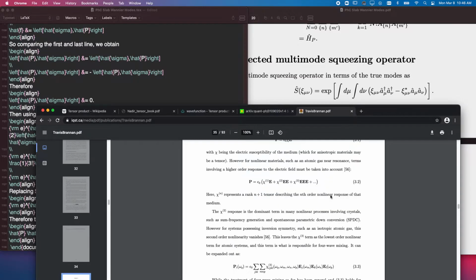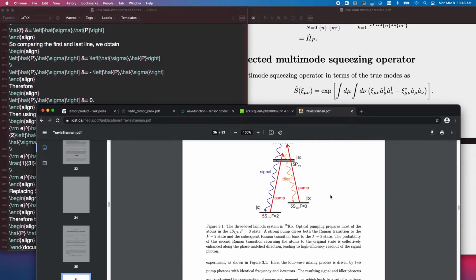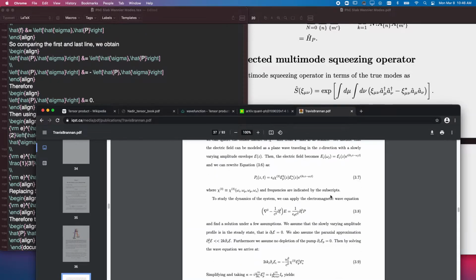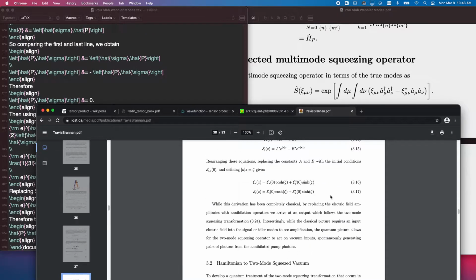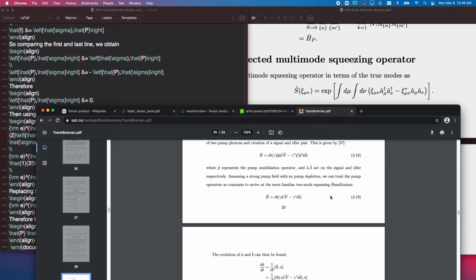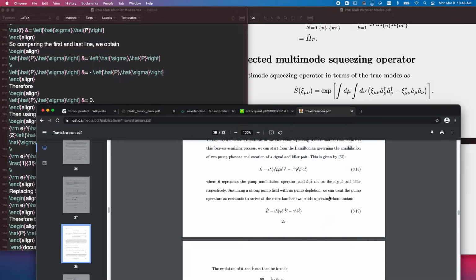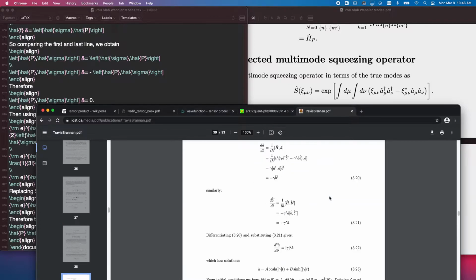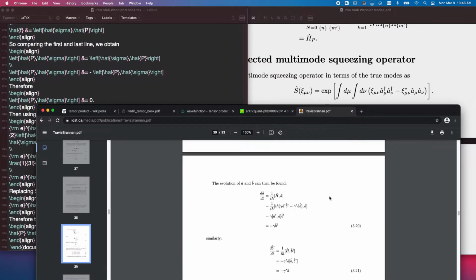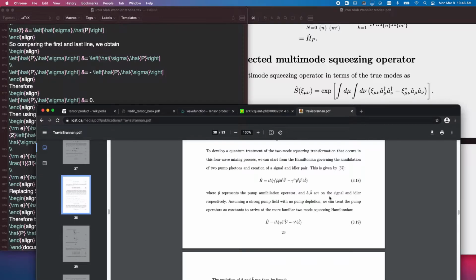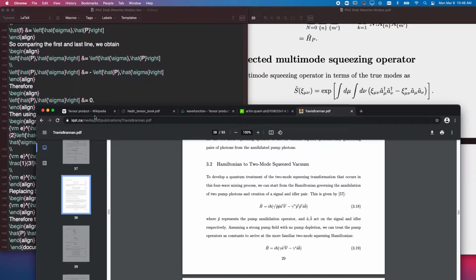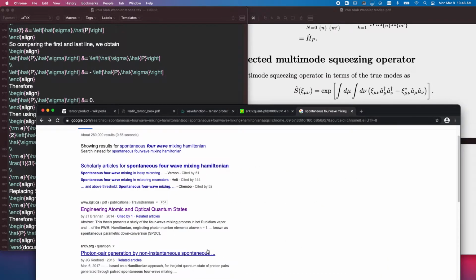It's going to be something like that. I mean, I don't like it, it's not detailed enough.